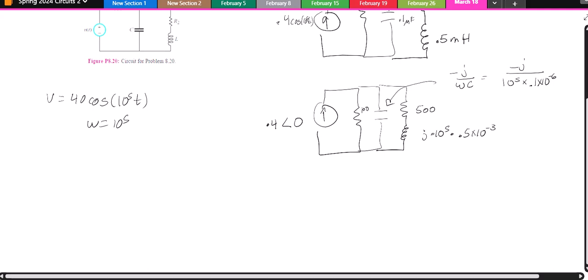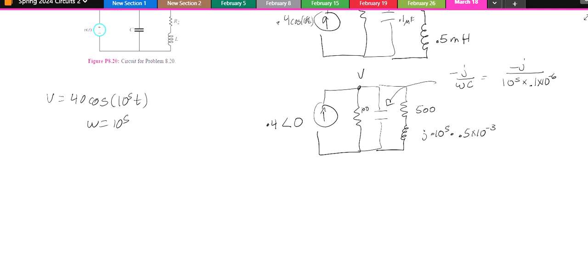So now I would like to get the voltage right here, because if I have the voltage and the current, then I can find the power. So I'll do node voltage. Let's make this 0.